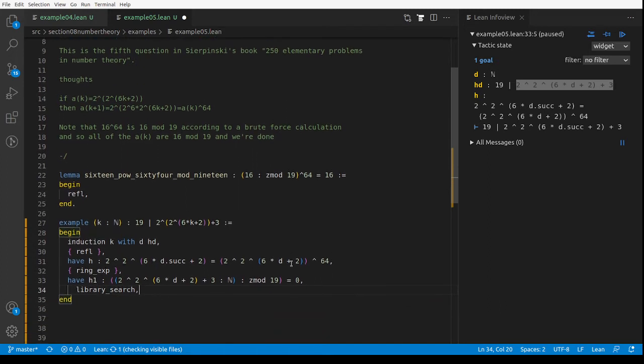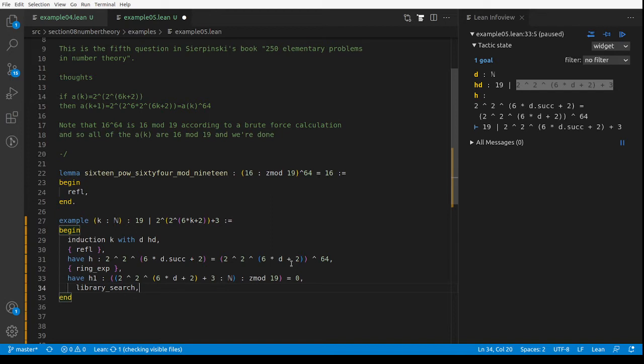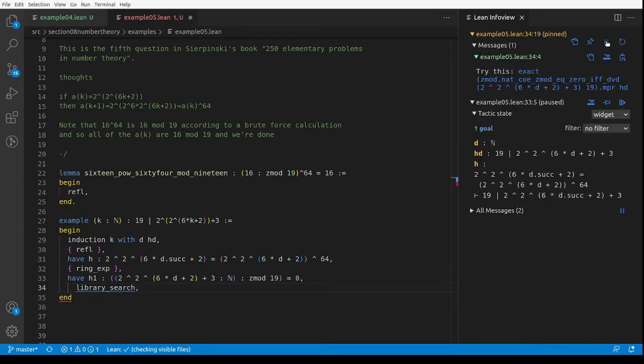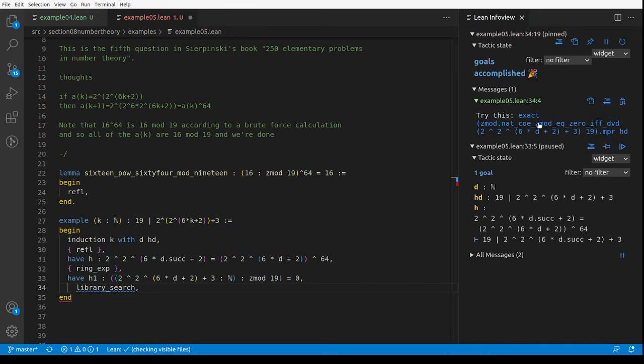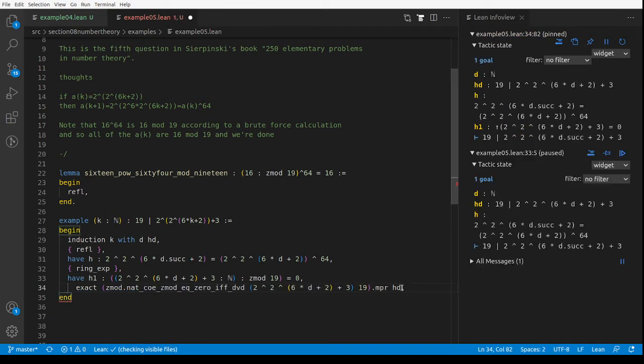It's not looking good, is it? It's not looking good at all, in fact. Oh, I tell a lie. There we go. Z mod nat coe Z mod x0 if dvd. Yeah, that's exactly what I wanted.